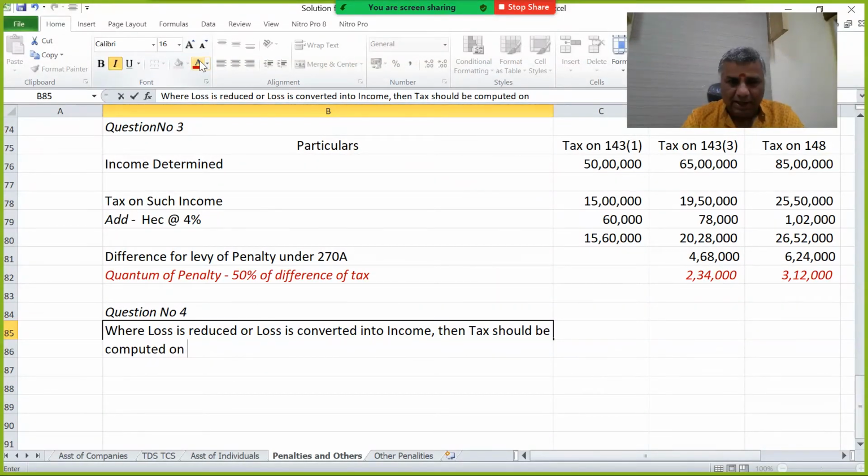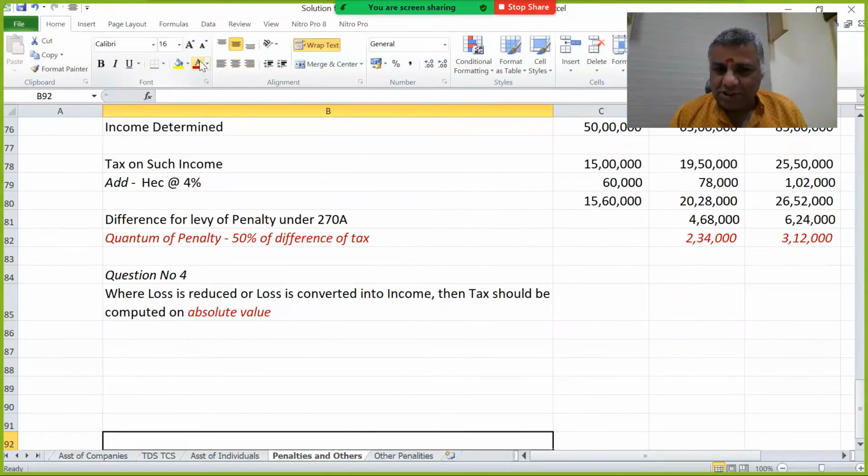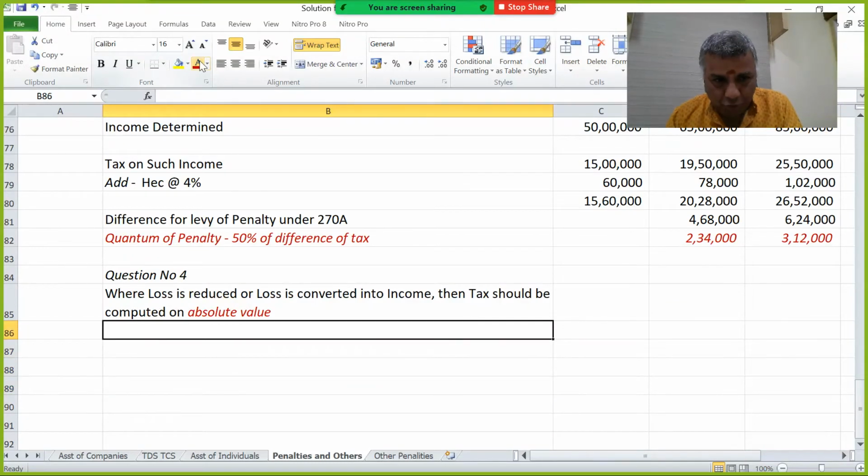You should find out the absolute value. You should take the absolute value as the income and find out the tax, whereas loss is converted into income or loss is reduced.